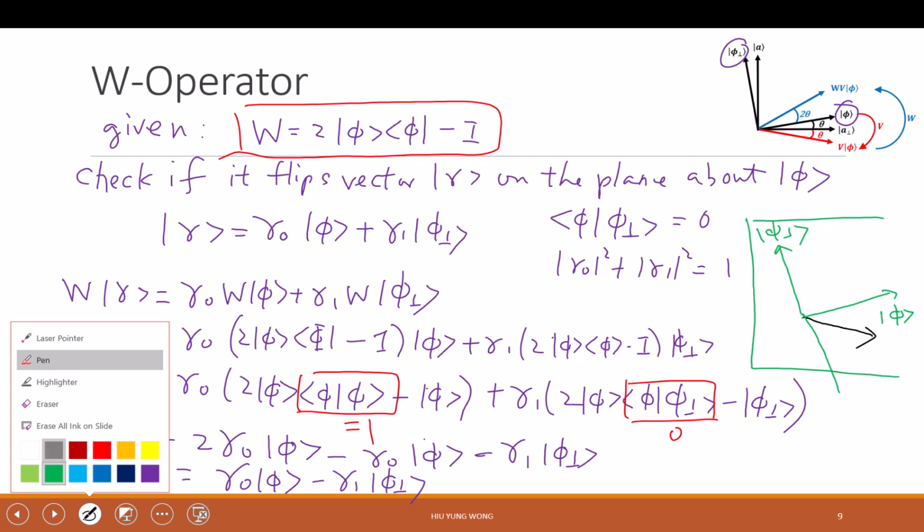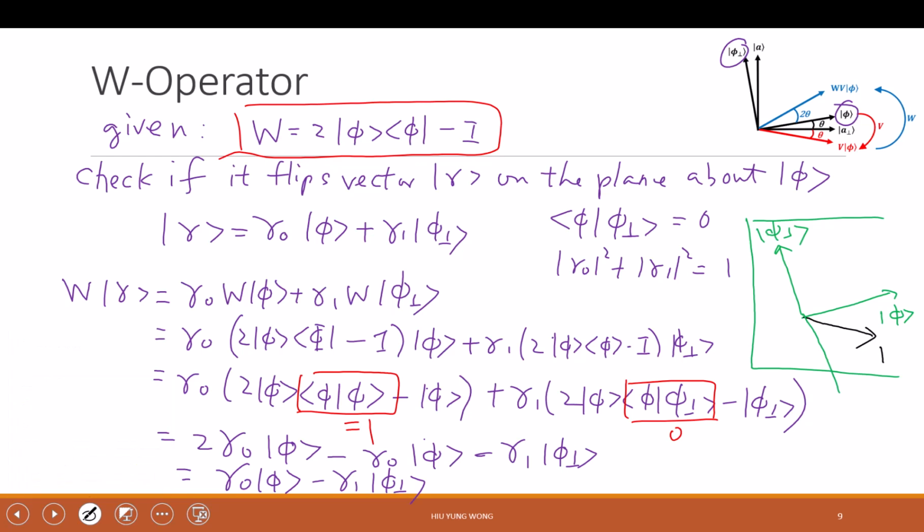This vector is called gamma, and it has this component, gamma 0 phi and gamma 1 phi perpendicular, right? It's negative, but doesn't matter. It can be negative.